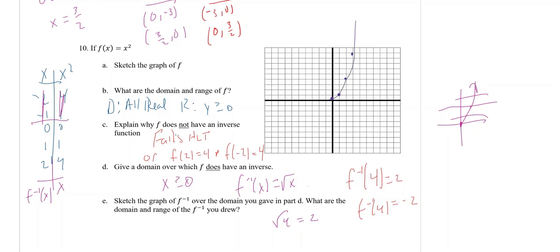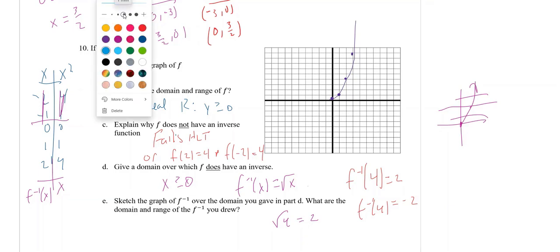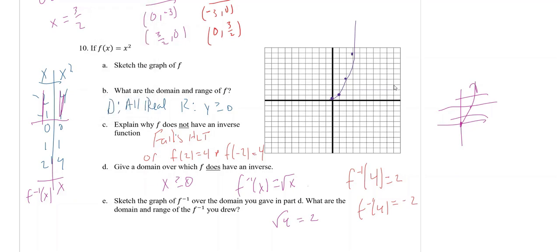And the inverse function, just reverse all those. So 9 goes to 3 because the square root of 9 is 3. 4 goes to 2 because the square root of 4 is 2. 1 goes to 1 and 0 goes to 0. So it looks like that.